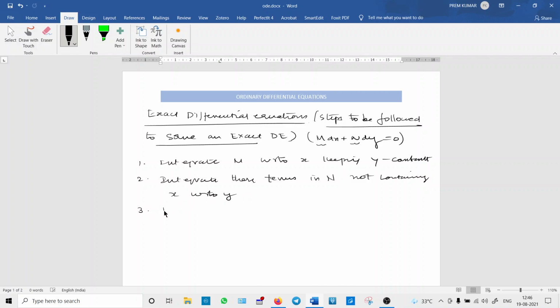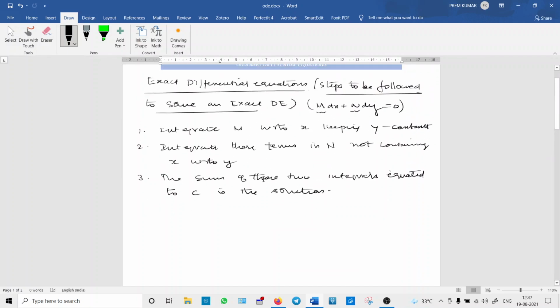Third one, the sum of those two integrals equated to some constant c is the solution of the exact differential equation. That's all. These three steps you have to follow.